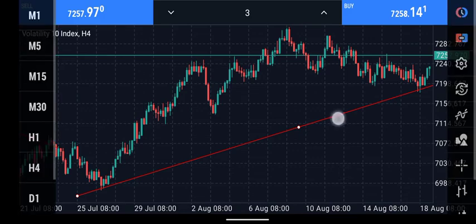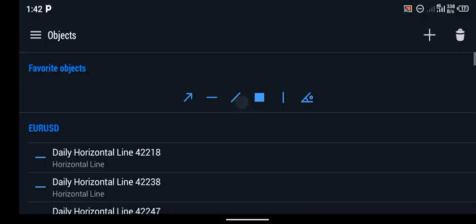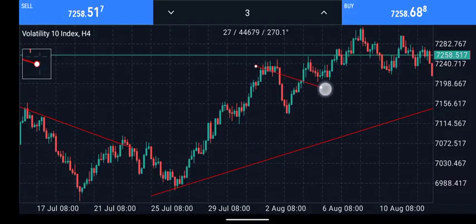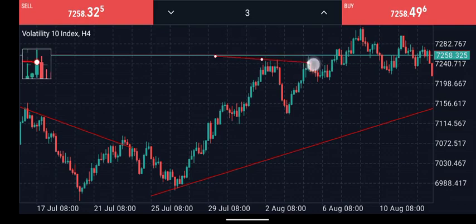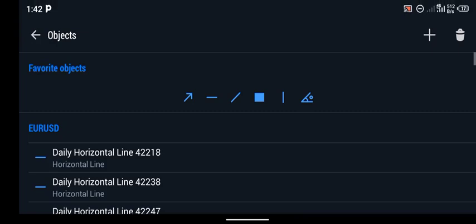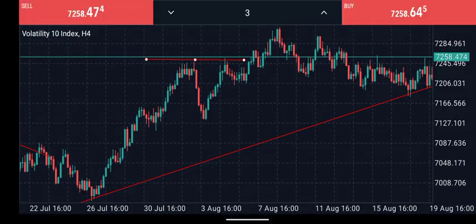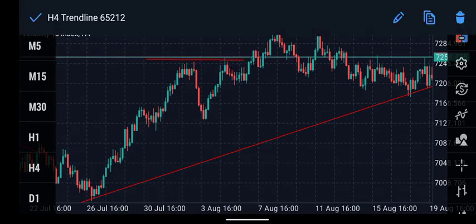I can say this is an old higher high. Yes, this is a higher high. Why? Because this was actually a former high that the market created before it broke it. So this can be another higher high. Let me just duplicate this one.